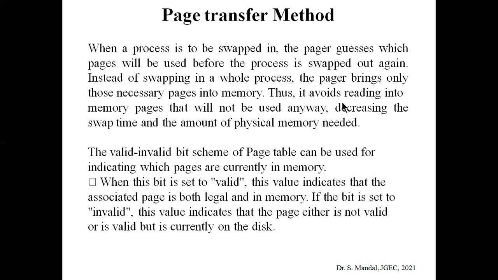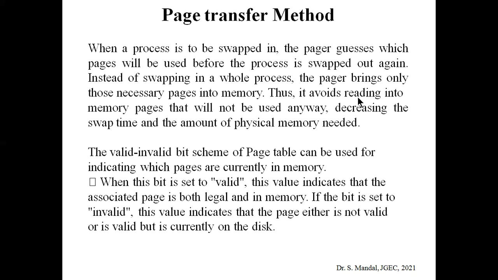For page transfer from the secondary location into the main memory, we need to use the valid-invalid bit scheme of the page table. What is the valid and invalid bit scheme for the page table? Basically, it indicates which pages are currently in memory.